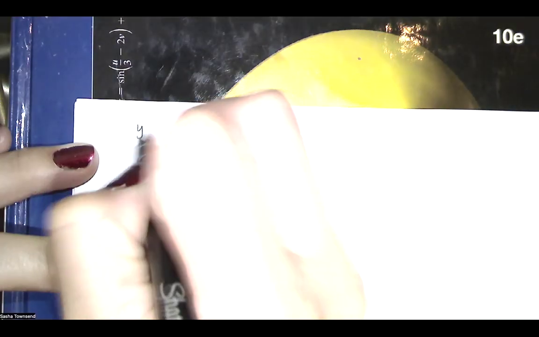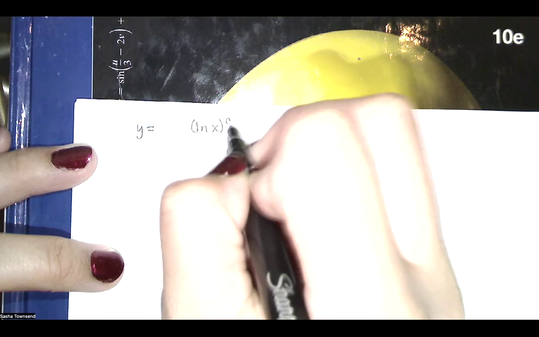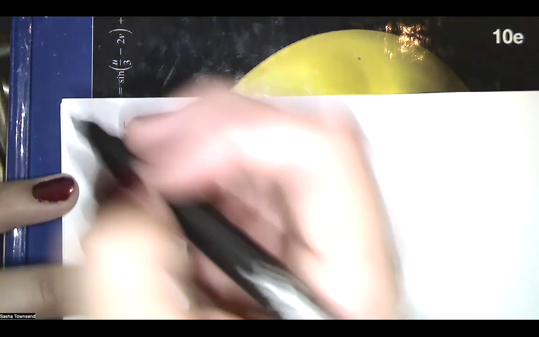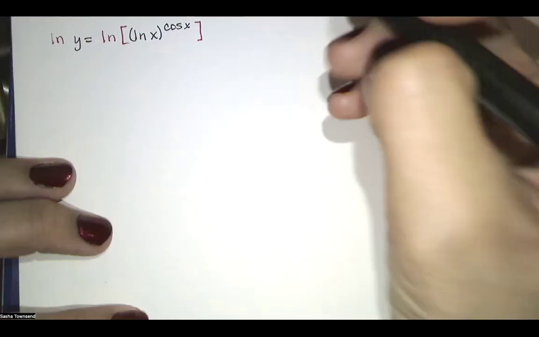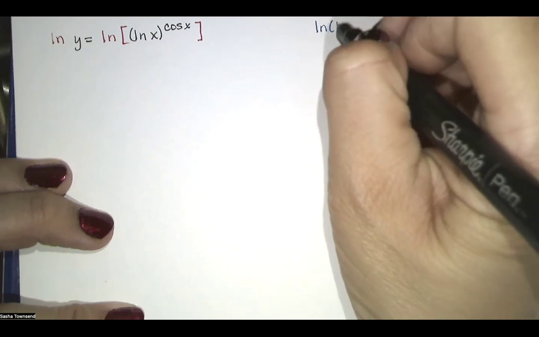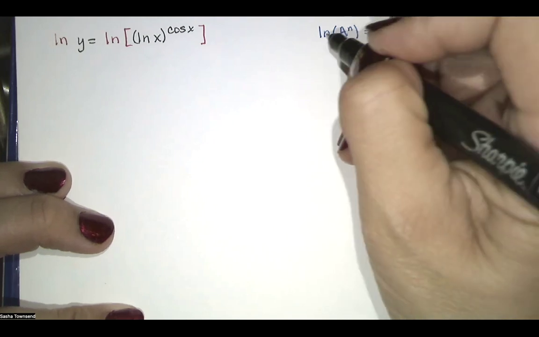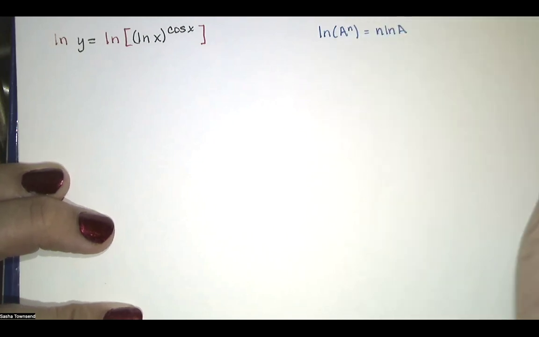So I have y equals natural log of x raised to the cosine of x power. And I'm taking the logarithm of both sides in order to use that logarithmic differentiation. And then because of that log property that we've learned earlier in this semester, we reviewed it. You probably learned it in high school as well. Log of a to the n is n times log of a on their common domain.